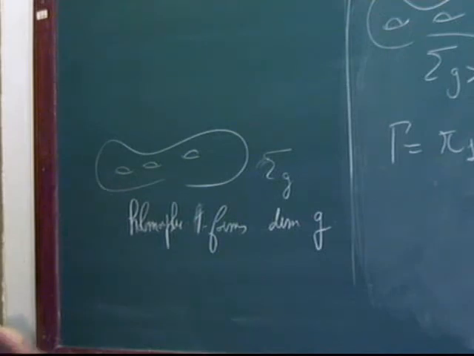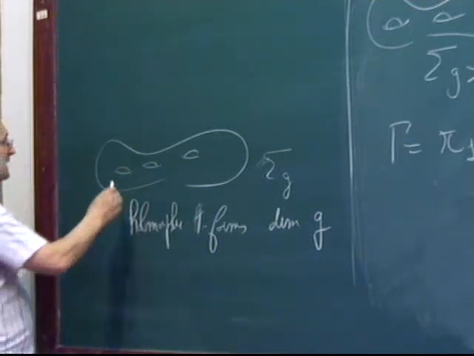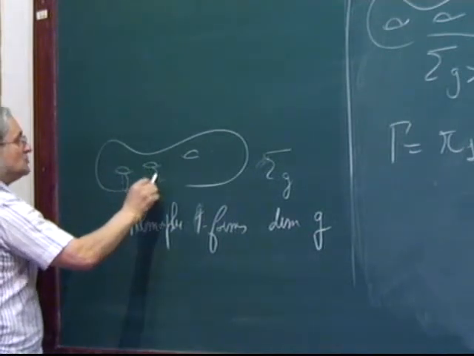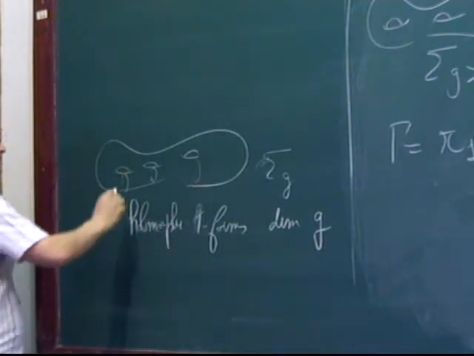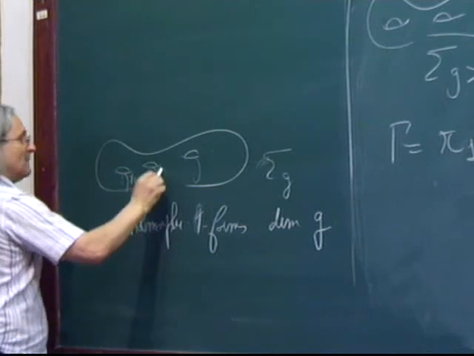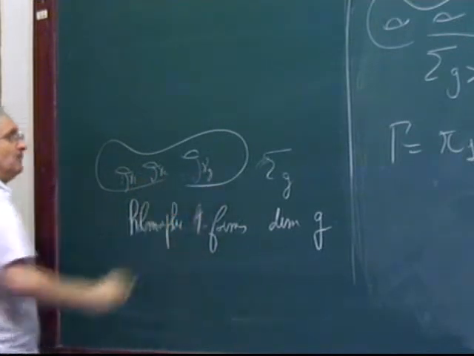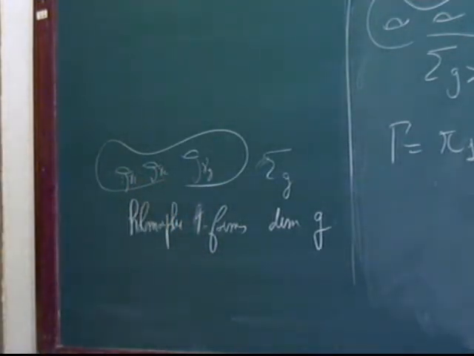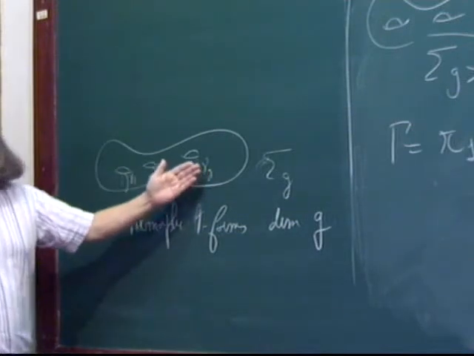He said, well, let us choose on the surface G curves: curve gamma 1, gamma 2, up to gamma G. This is the way he was cutting the surface along these closed curves. And he said, well, I have G forms, a space of dimension G. I have G curves.